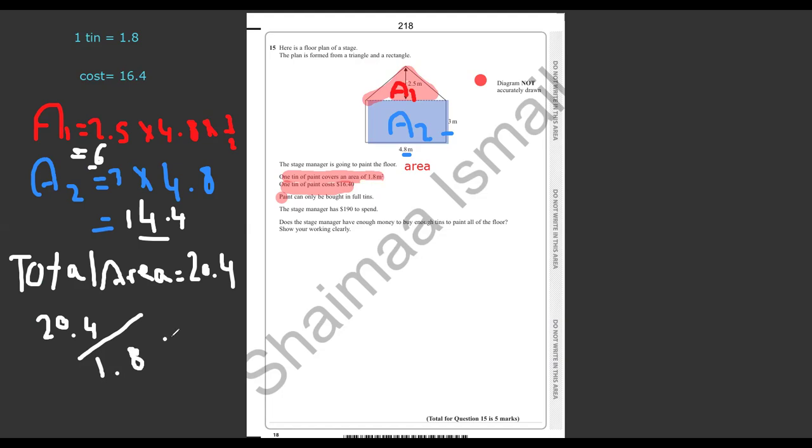1.8 gave us 11.3333. So we need 12 tins. So we need 12 tins of paint just to cover.